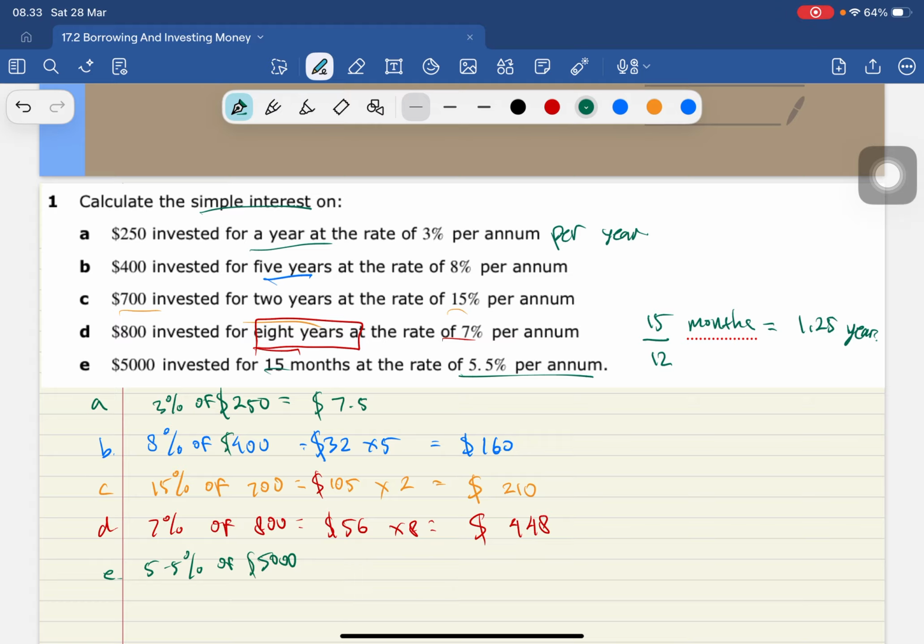Here all are in dollars. 5.5% of $5,000 is $275, and we multiply by 1.25. So the simple interest for 15 months is going to be $343.75.